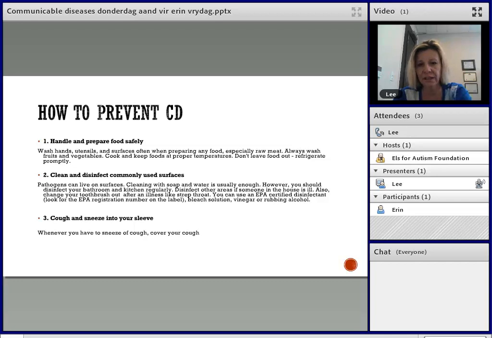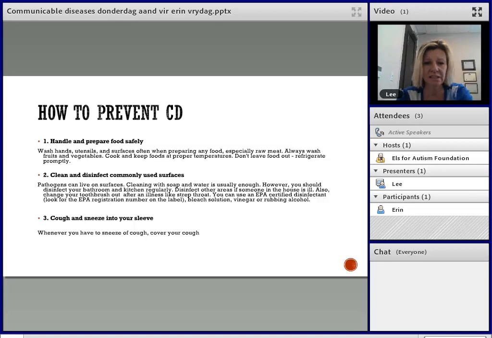You can use an EPA certified disinfectant and bleach solution, but please keep that away from anybody for whom it would be dangerous, who might want to drink it, and keep it up high on shelves and marked that this is bleach. You can also use vinegar or rubbing alcohol.